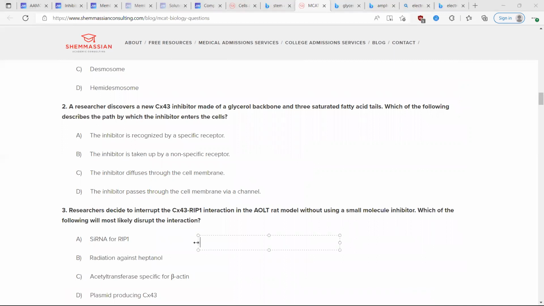Let me just write out my logic here, and you guys tell me if it makes sense. There's a CX43 interaction, right? And what will increase this interaction? Well, it's going to increase if the amount of CX43 increases, or if the amount of RIP1 increases.